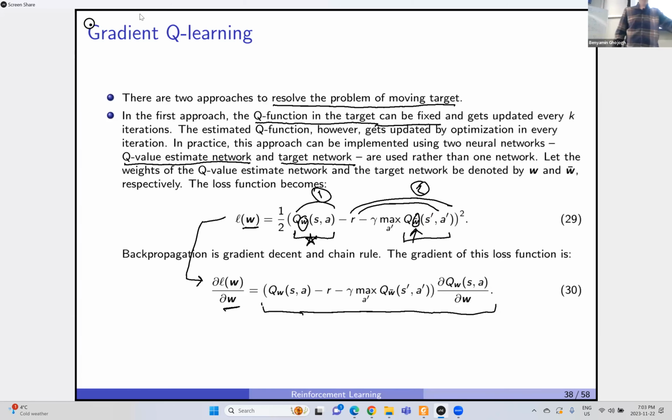Let's call it the target network, because this is our target, we want to reach it. And the first one is the Q value estimate network, the network which estimates or approximates our Q function, right? And then by backpropagation, by learning, we only change this Q network, right? Not the target network.